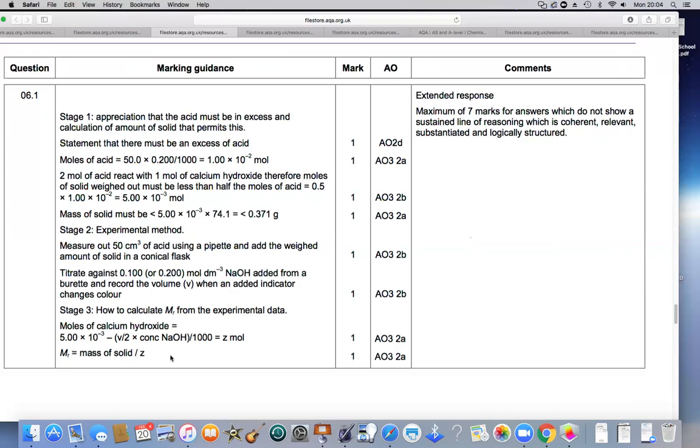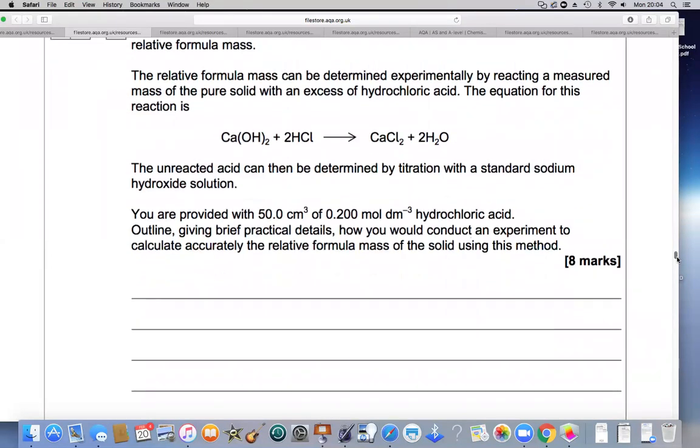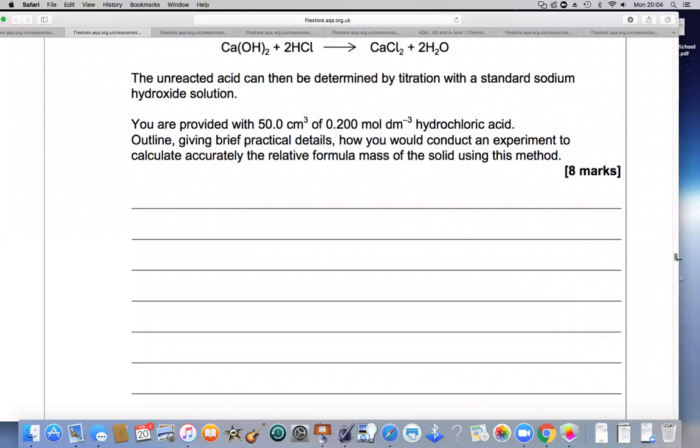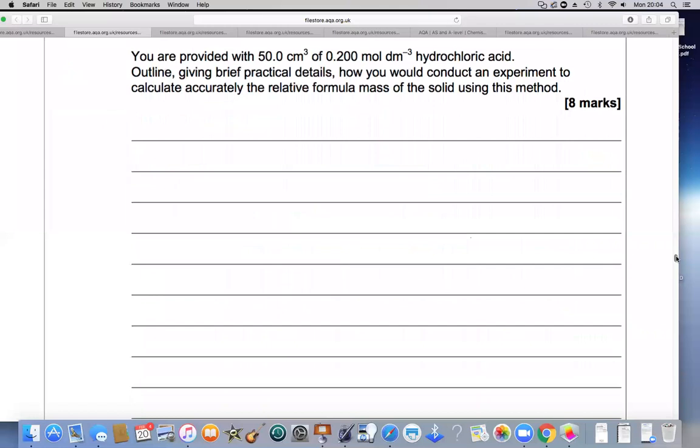What I suggest you do is have a look at this question for yourselves and work your way through it. And just make sure you're reasonably confident with it, because these 8-mark questions are not very common. They do come up from time to time. We've been on the line for quite a while now, so I'm not going to go through the whole thing, because it would take a while, and I think you're probably getting to the point where, during your half term, after an hour, you've had quite enough.